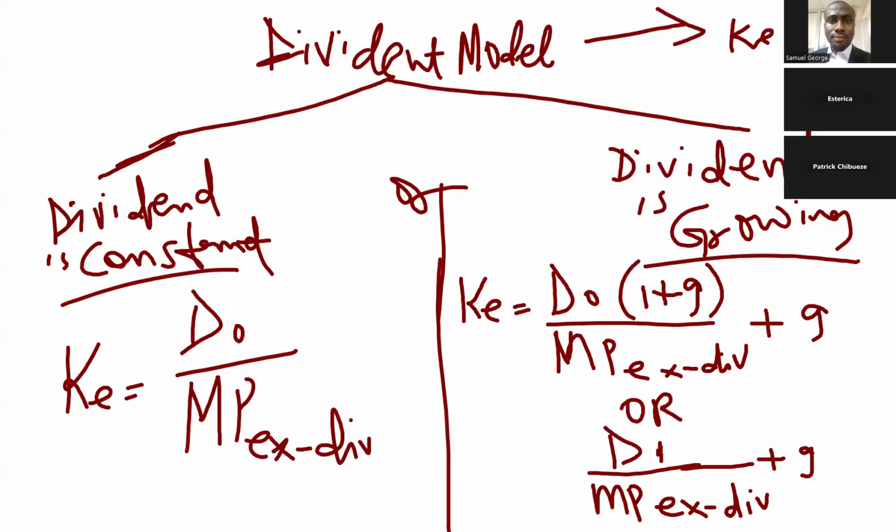So the next dividend will still be the same as the current or last dividend. If the last time dividend was paid, maybe it was 5 naira per share, and next year they are going to pay 5 naira per share, that means dividend is going to be constant.